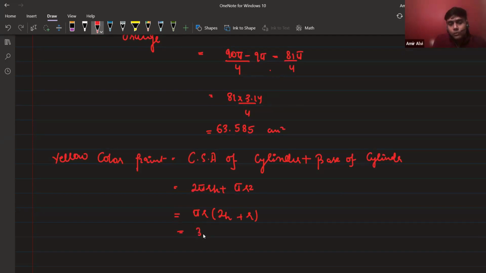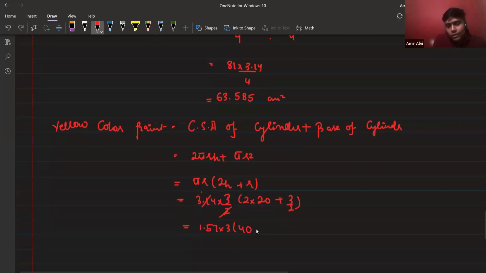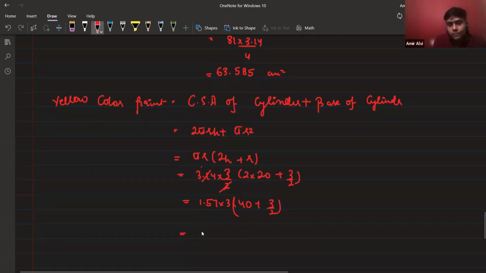Pi is 3.14 into R, which is 3 by 2, into 2 into 20 plus 3 by 2. Clear? So this will be equal to 1.57 into 3, 40 plus 3 by 2. Take the LCM in this bracket. It will become 83 by 2.